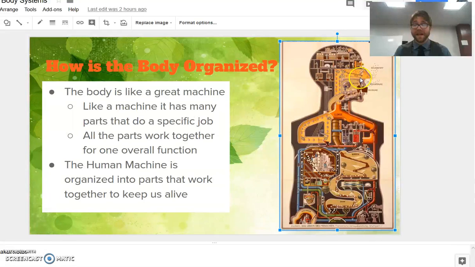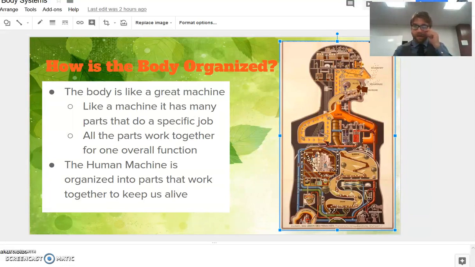It shows that every part of the body has its own job, its own function, but all these different parts work together to accomplish one big job, which is to keep this body alive. So even though all these things have different things that they do, they all work together to keep this body working, to keep it alive. And that's why we say the body's like a great big machine.